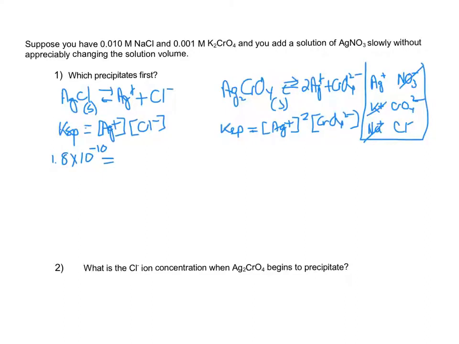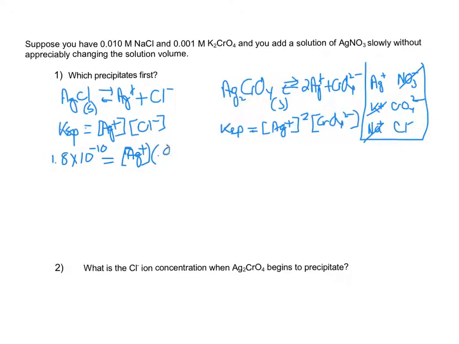And if we say that X is going to be the concentration of the AgCl when it's a saturated solution, then, well, actually we don't need to do that because we have the Cl minus concentration, so never mind. We can just solve for this. So if we want to know what the Ag plus concentration would be, we plug in just the Cl minus concentration there.